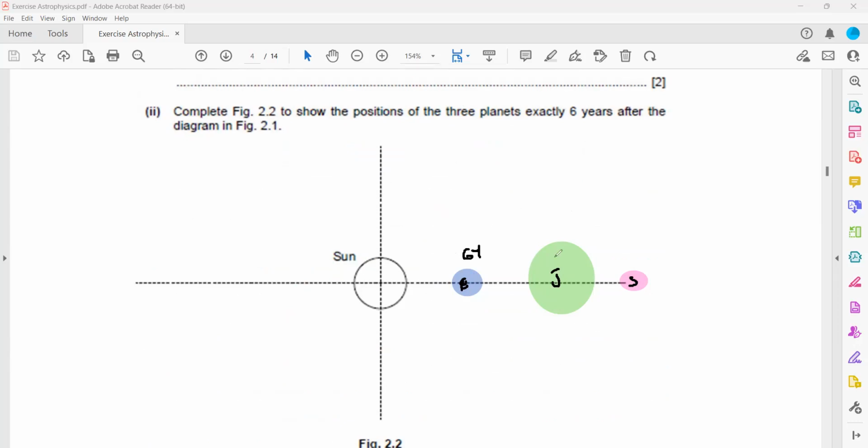But what about Jupiter? The cycle of Jupiter is 12 years. It takes 12 years for Jupiter to move completely. So if this was 0, how many years will Jupiter take to be here?